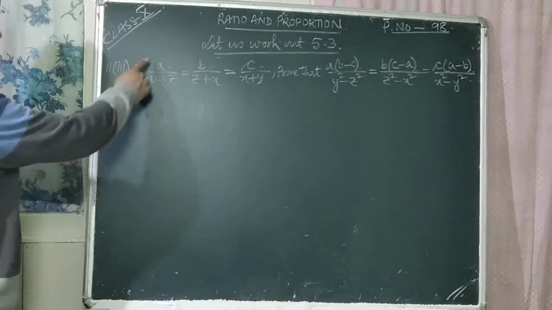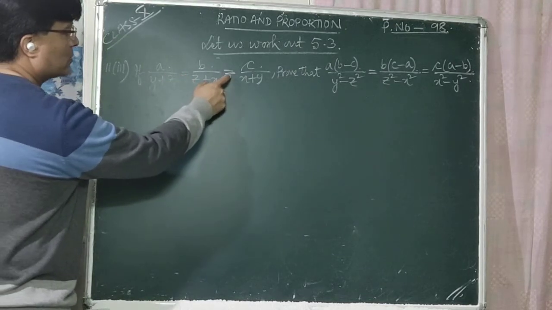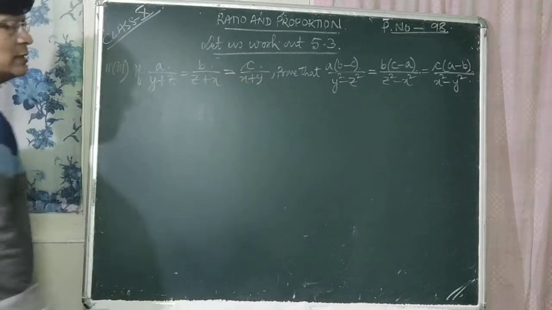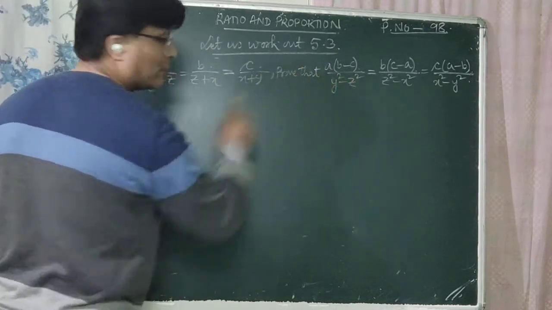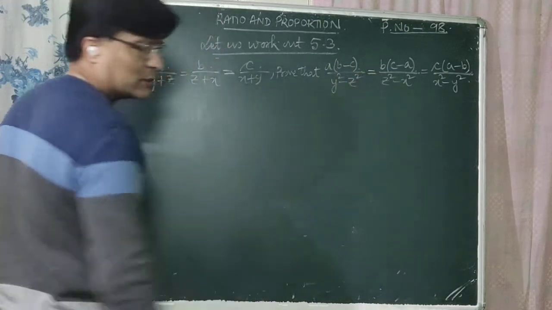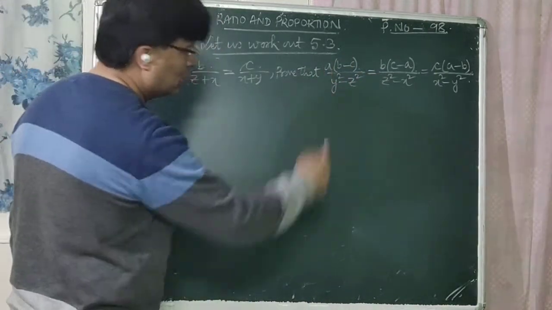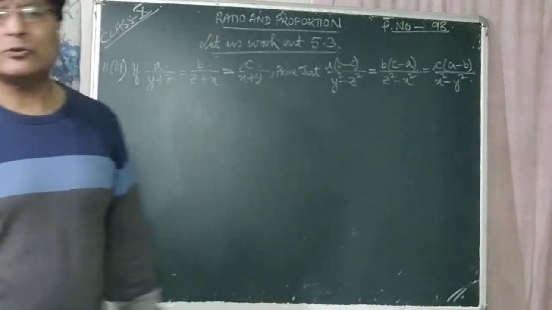If a upon y plus z is equal to b upon z plus x is equal to c upon x plus y, then prove that a into b minus c divided by y square minus z square is equal to b into c minus a whole divided by z square minus x square is equal to, the last one is c into a minus b divided by x square minus y square.